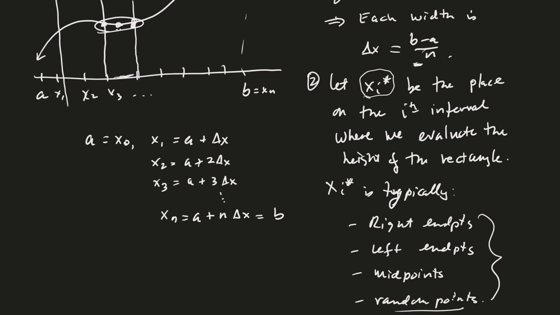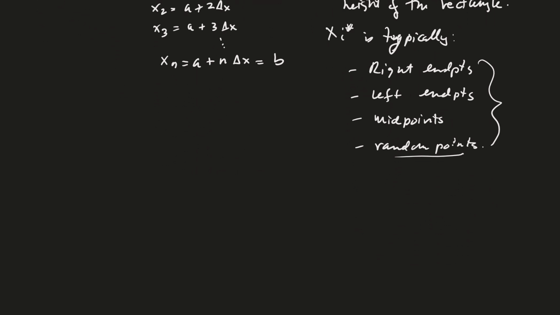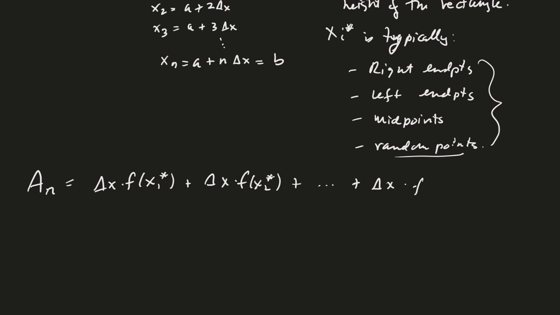Good. And so now what would the area be? Area using n endpoints in our notation. Well, the width is b minus a over n. Shall I just use delta x so I don't have to write so much? So delta x times f of x1 star plus delta x times f of x2 star, plus dot dot dot, plus delta x times f of xn star.